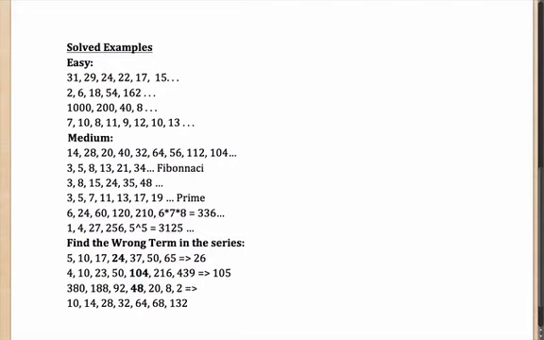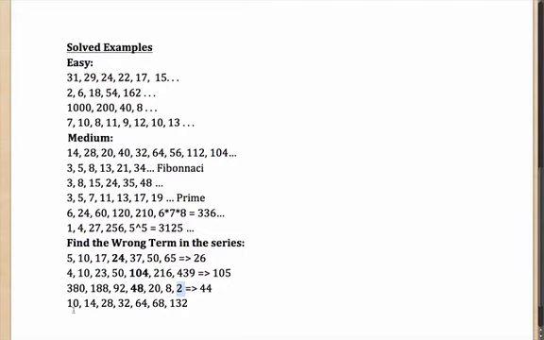So this is the mistake here. It should have been 44. Half of 44 is 22, minus 2 is 20. Half of 20 is 10, minus 2 is 8. Half of 8 is 4, minus 2 is 2. So that was the pattern in this particular series.